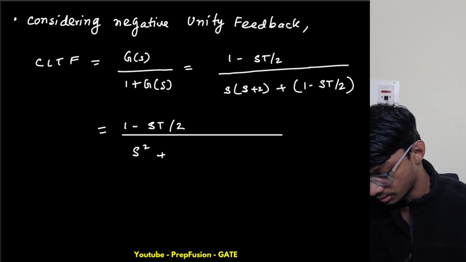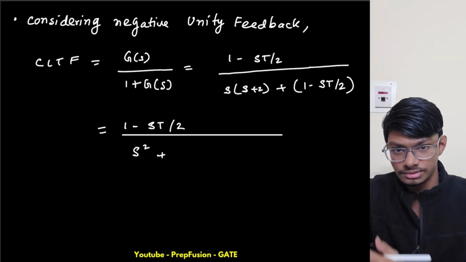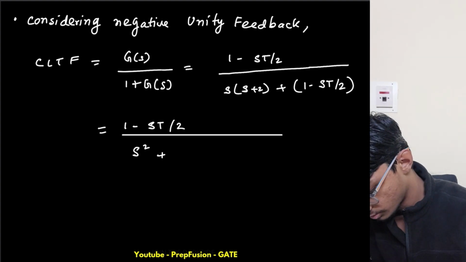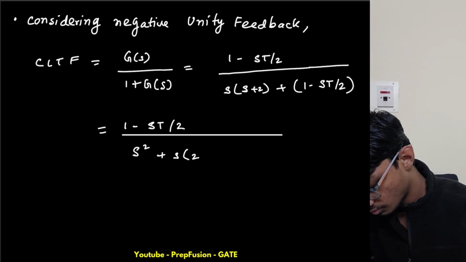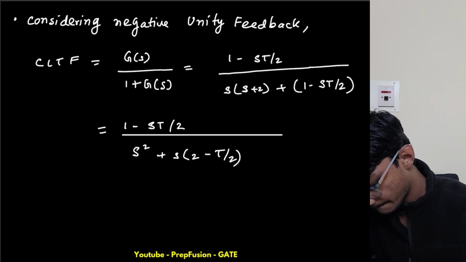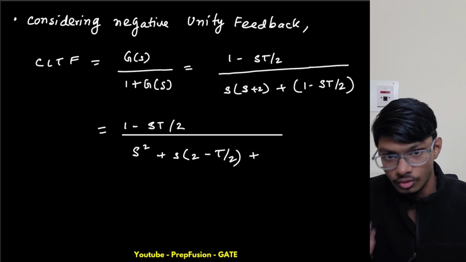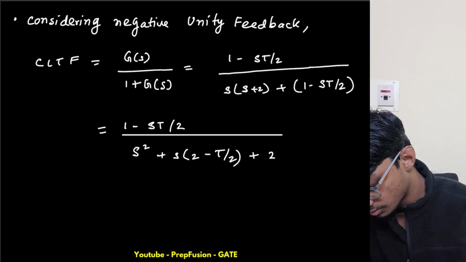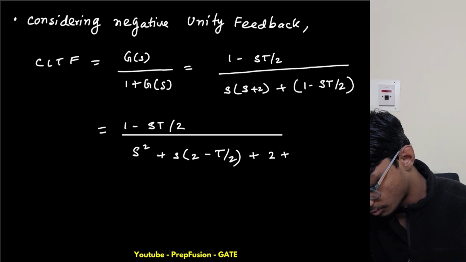Now I will take the s terms together, so this will be s into 2 minus T by 2. Then also take the constant terms together. So this will be 2. Oh no, this won't be 2. I have only one constant term, that is 1.